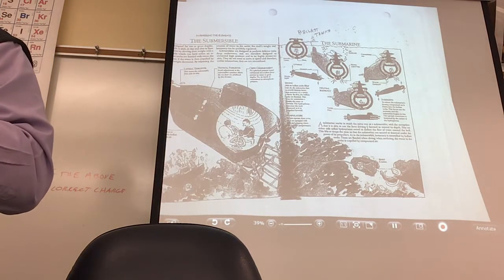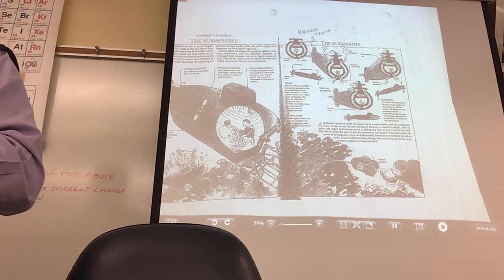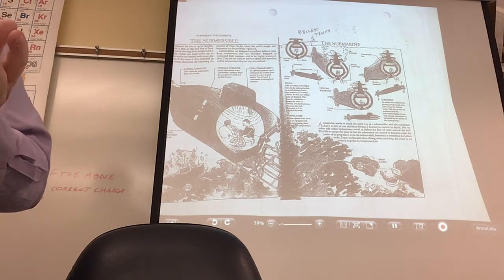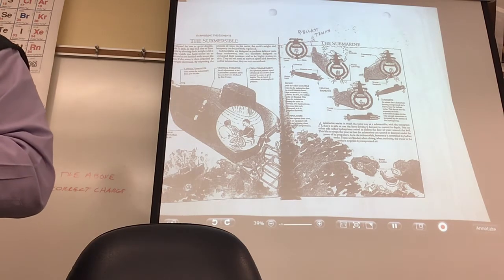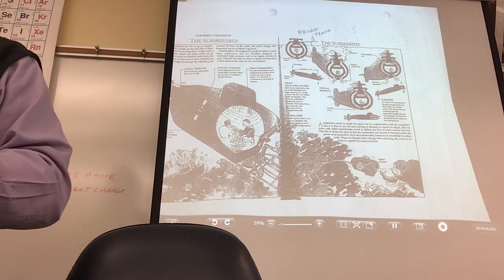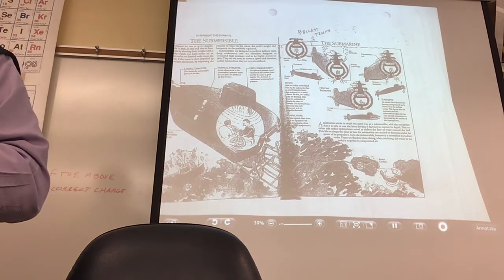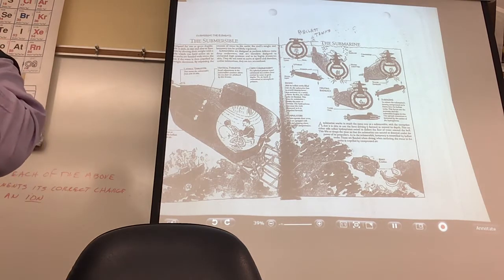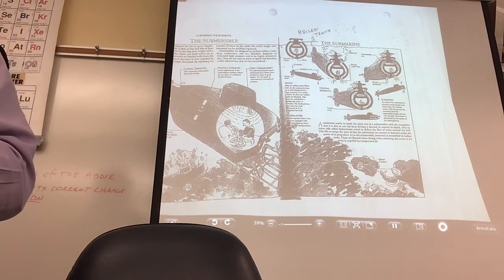So with nuclear engines also, they can essentially stay underwater more than a year. They don't have to come up. They have oxygen replenishing things. The only thing they might run out of would be food. So they have to have enough food to stay underneath if you want them to stay underneath.